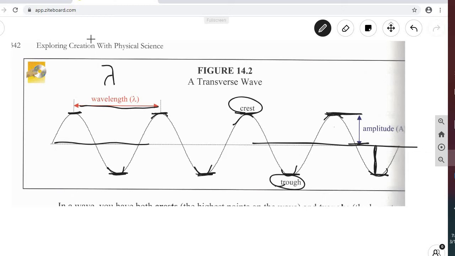And then the other thing that we measure is frequency. Frequency is how many waves you get per second. So the number of waves per second.